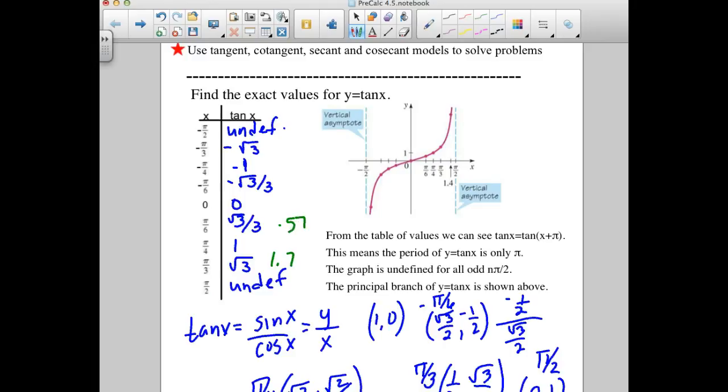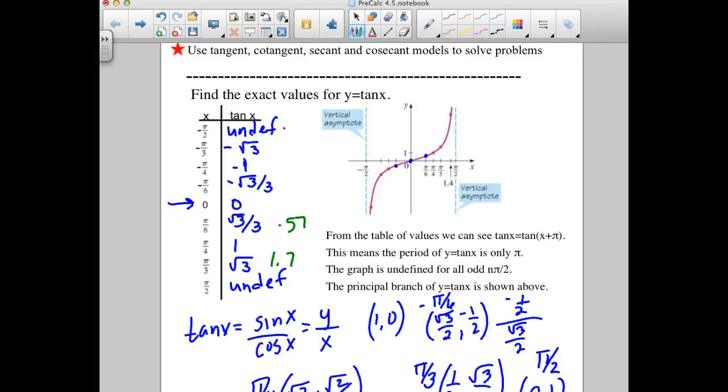So if we were to plot all of these, and don't worry, you won't be plotting all of these for every graph, but if we were, we have 0 here. We said our point was 0. At pi over 6, we are at 0.57 roughly, and then negative 0.57 for negative pi over 6.